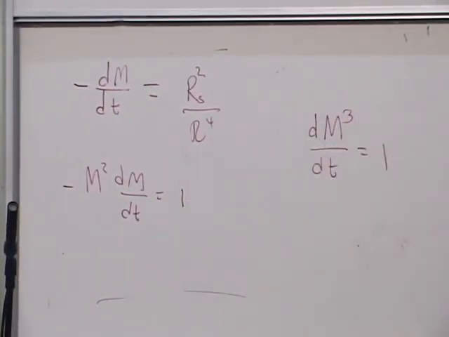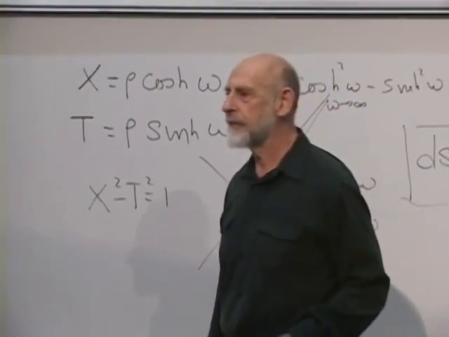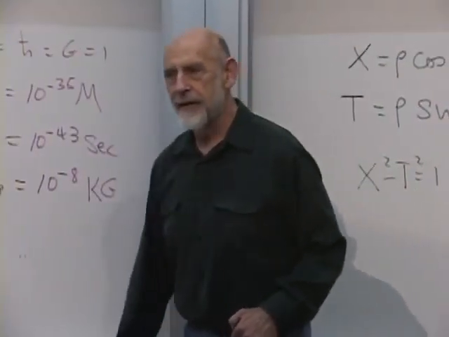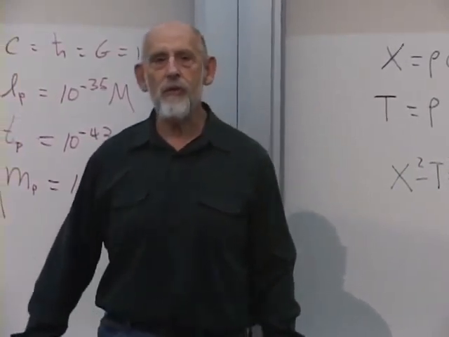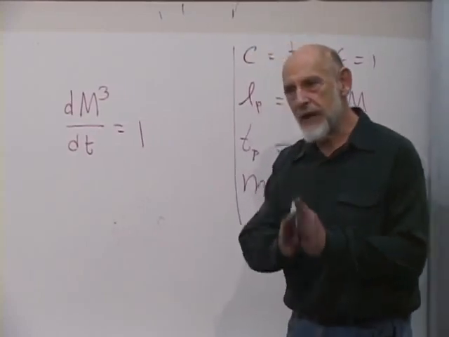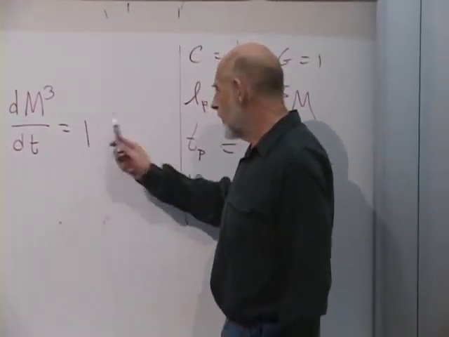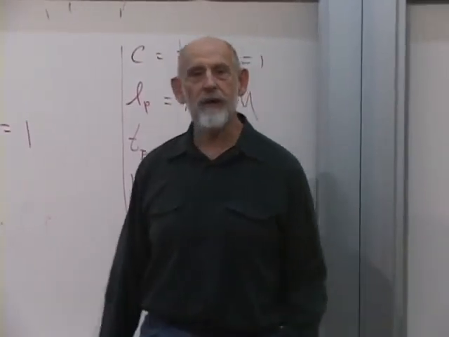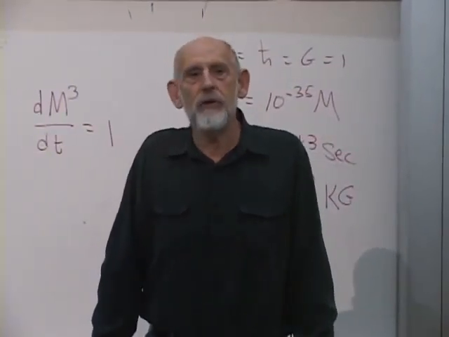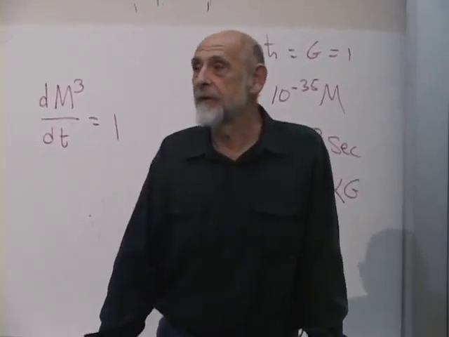How long does it take for the black hole to lose all of its mass? It has a uniform rate at which it loses mass cubed. So its mass cubed is diminishing 1 unit per unit time. How long does it take for all that mass that you start with to disappear?